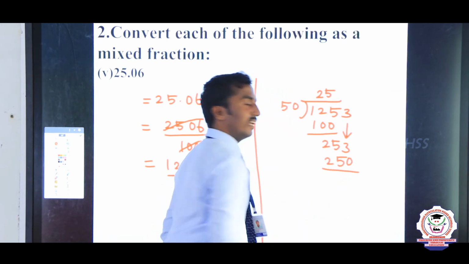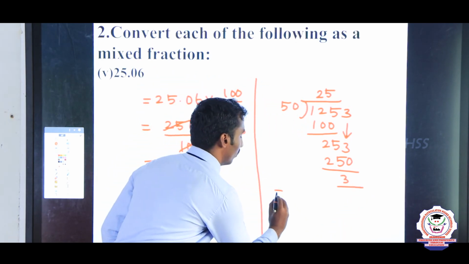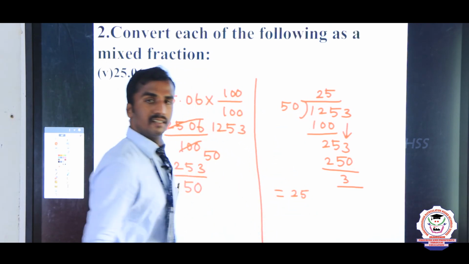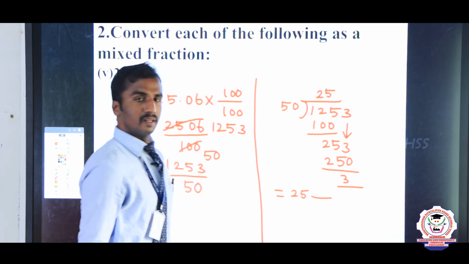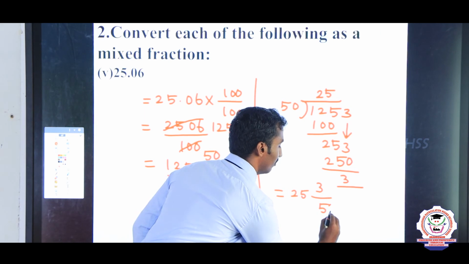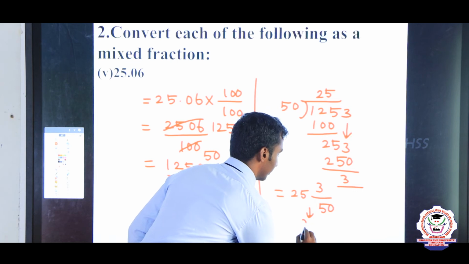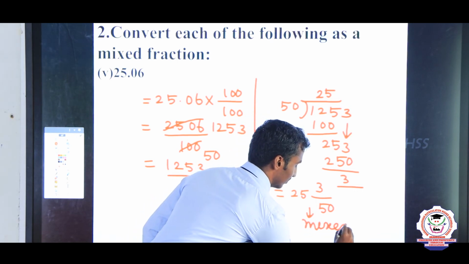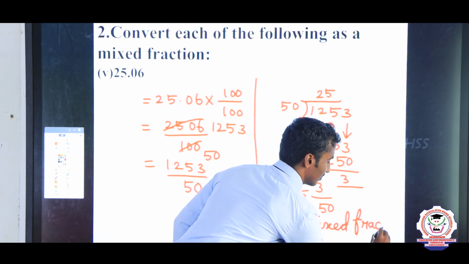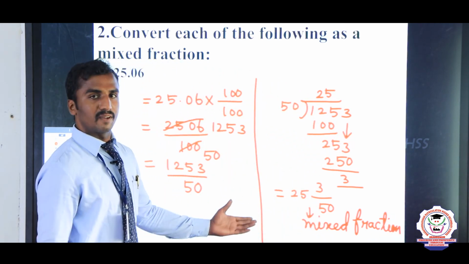So 253 divided by 250, we get remainder 3. So this is equal to quotient 25 and remainder 3 divided by 50, that is 25 and 3 by 50. This fraction is a mixed fraction.